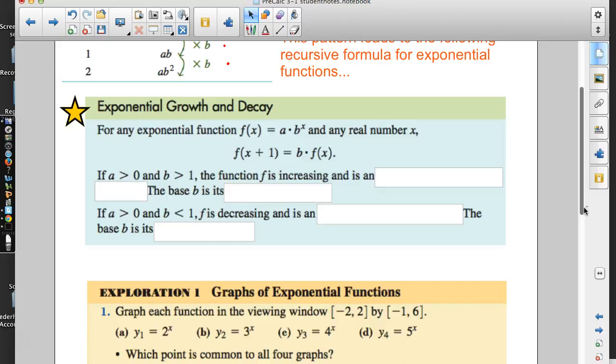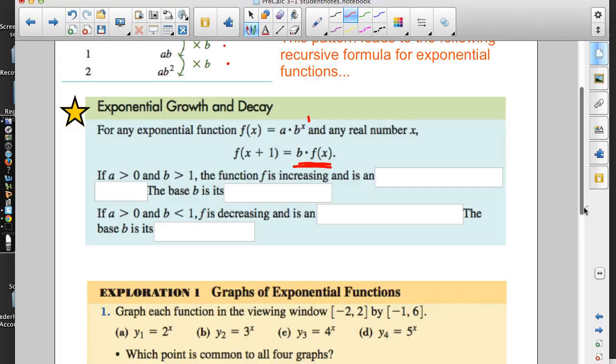All we're doing is multiplying by b each and every time. So for any exponential function, f of x equals a times b to the x, and any real number x, let's say we don't want the 0, we want the first power. Well, then you're going to end up with b to the first times the last number that you just had.